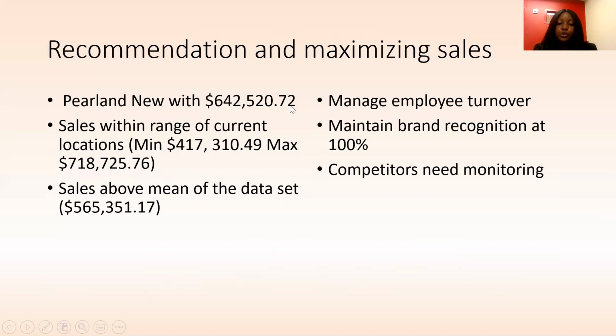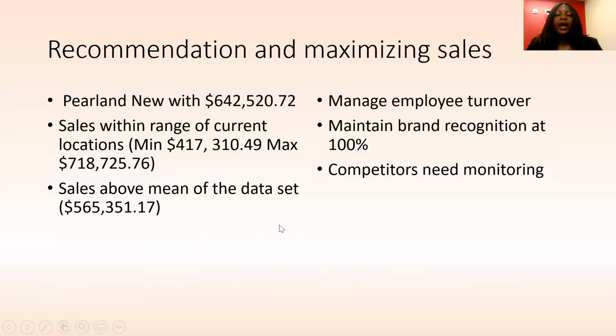So the 642 amount for Pearland is within that range, which makes it a good amount. And the sales for Pearland are above the mean of the data set of 200 locations, which was 565. This is about 100,000 over the average, which is a good amount.